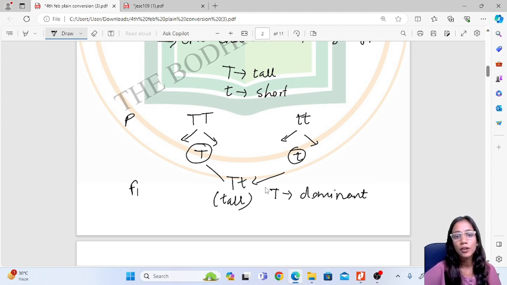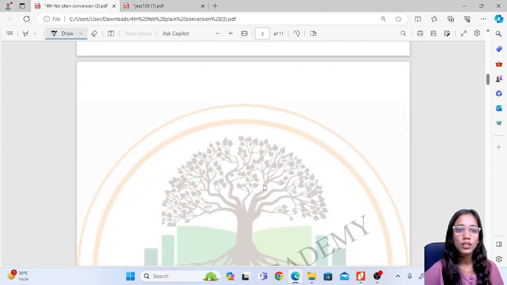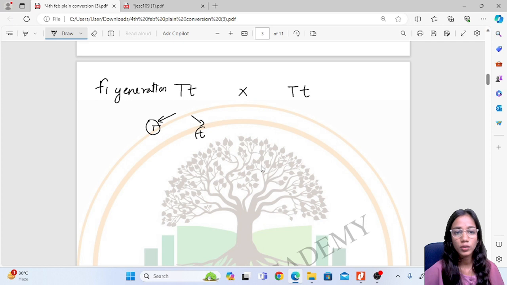But now Mendel wanted to find out if this was actually expressed or it was not expressed. So for that reason he self-pollinated the plants of the first generation. So these were the gametes.